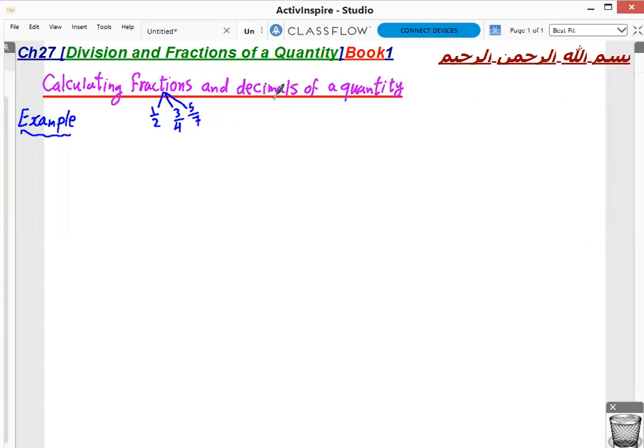Decimals are like 0.3, 0.12, 1.5. Sometimes our fraction can be like 8 over 3, proper or improper. We know that before.